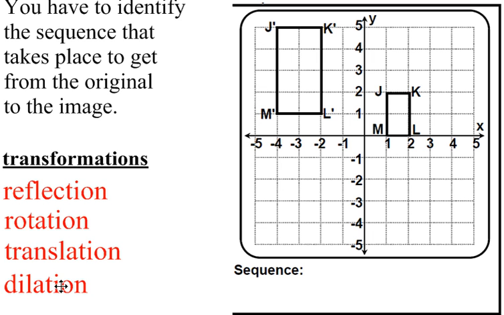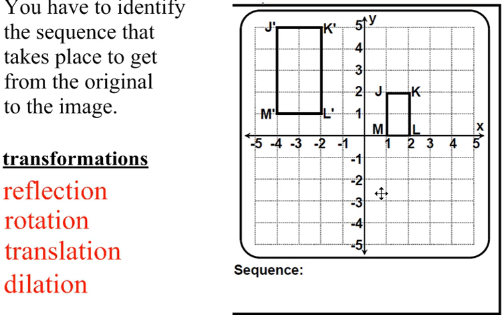The reason is that it is going from a smaller image to a larger image. Odds are it is going to be a dilation of 2. That's the one you should choose because it's a small graph, and anything larger would be off the graph.